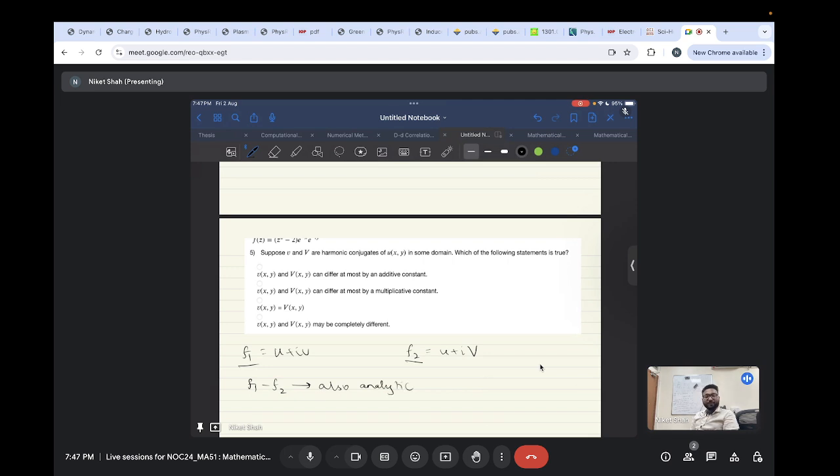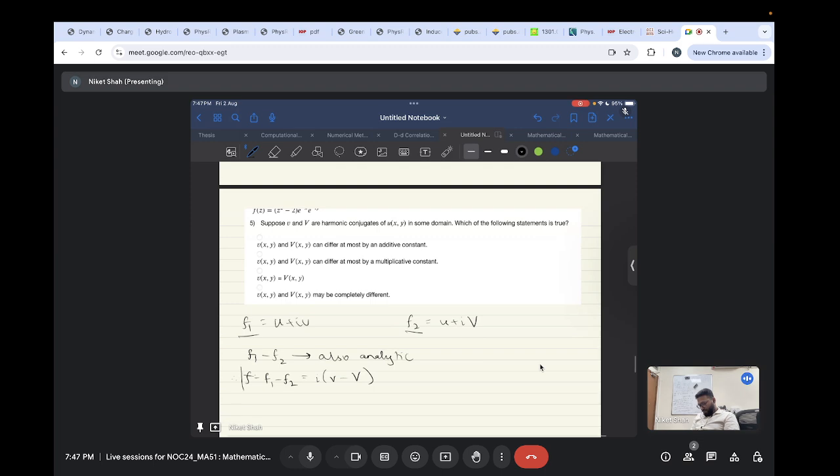This comes from the properties of analytic functions. Therefore, f equal to f1 minus f2 is u plus iv minus u plus i capital V. That gives me i into small v minus capital V. This is my new function f.